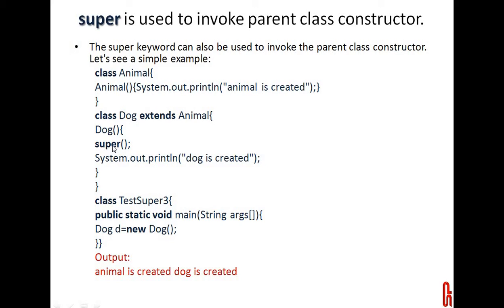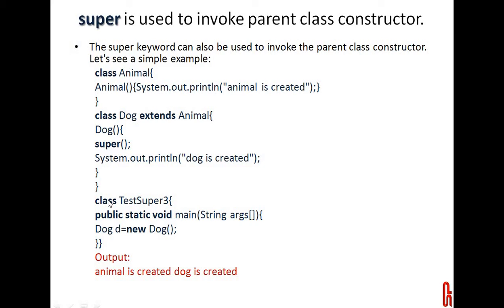Okay, so inside dog constructor two statements are there, one super call and a display message, dog is created. Super call is calling the immediate parent class constructor. System.out.println dog is created will display the string message, dog is created.